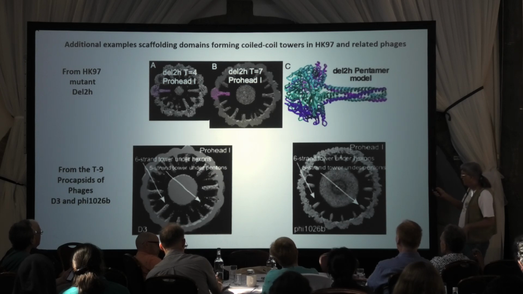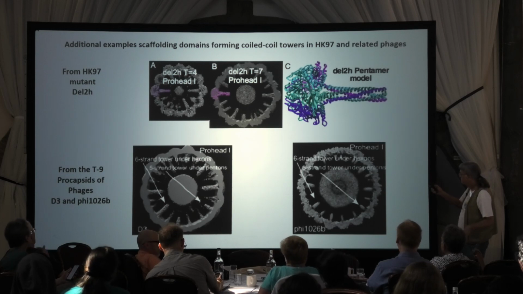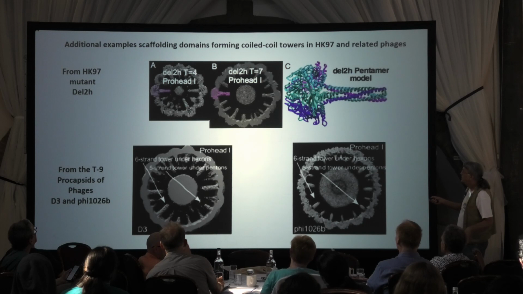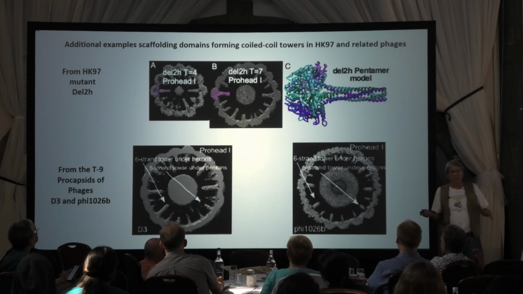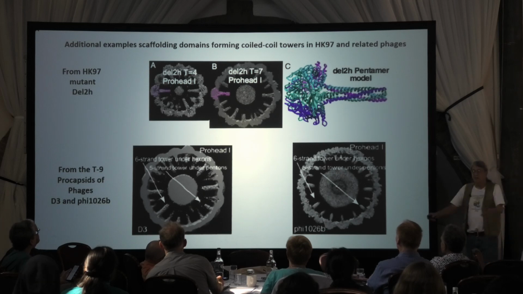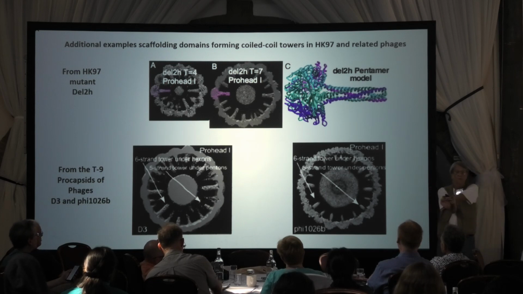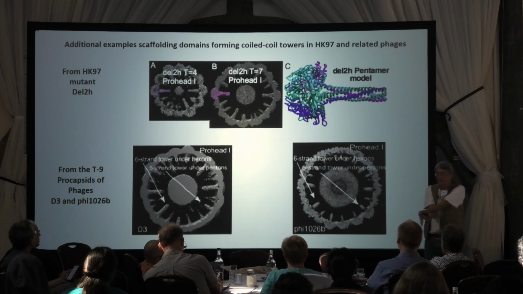So in a peculiar mutant of HK97 that happens to make small procapsids and normal-sized procapsids, the pentons are visible as coiled towers underneath the pentons. And so we don't see this in the wild type situation. But that suggests that pentameric coiled towers might be a part of the assembly pathway, but that in the normal situation, they're too unstable to visualize.